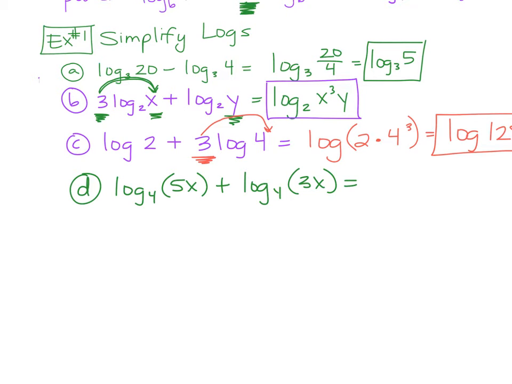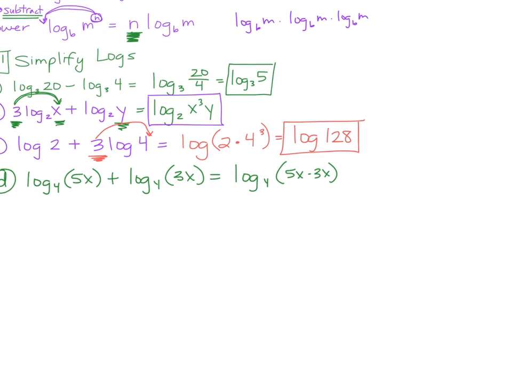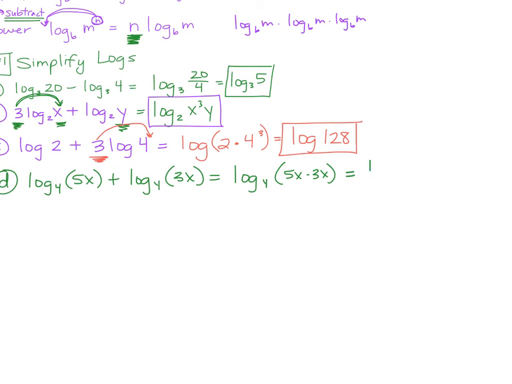Multiply. So we're going to do log base 4 of 5x times 3x. What is 5x times 3x? 15x squared. So your answer is log base 4 of 15x squared. Okay? Any questions on that?